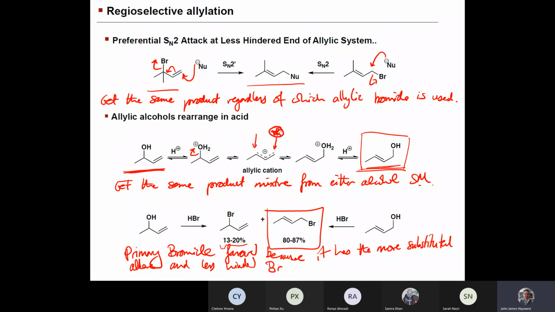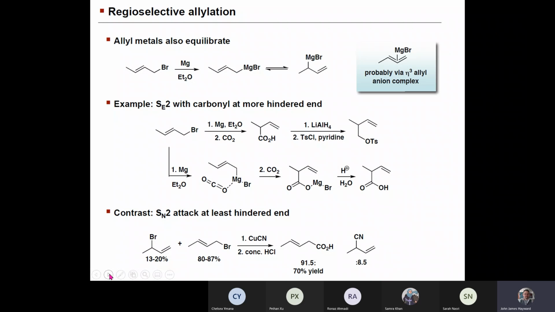Now, that's when you're looking at allyl halides, allyl alcohols. But what about if we made a Grignard reagent from these bromides? Well, a lot of the same things can happen. So we start with the more favorable bromide and we react it with magnesium.